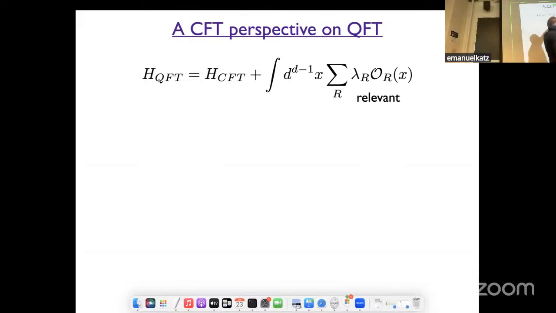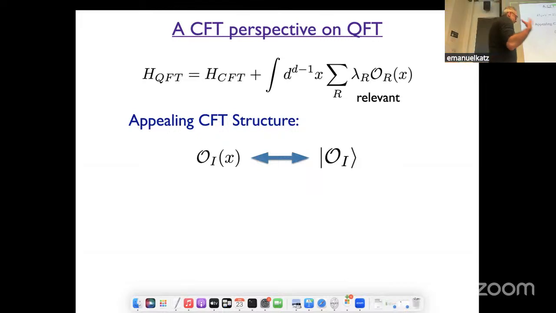So you take the degrees of freedom of the conformal field theory, and you add to the conformal field theory an operator that grows towards the IR, right? And now you're describing the full quantum field theory, which doesn't have scale invariance, but using the data of the theory that does have scale invariance, namely the conformal field theory.